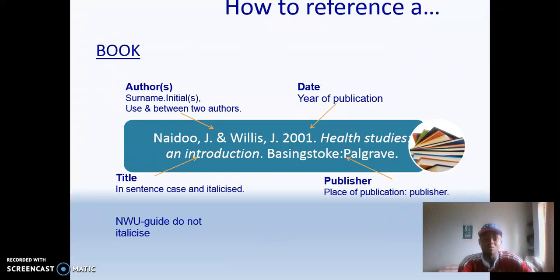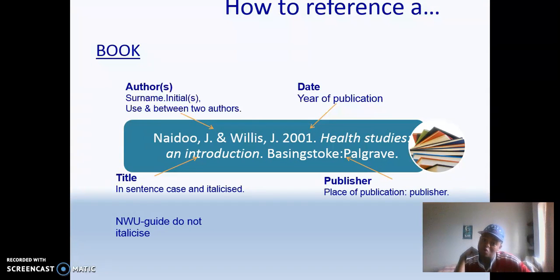And how to reference a book, which is very important, like a textbook which you use every day. You first of all start with the author, his surname, initials. Sometimes it may be two authors, like in this case here. So you start with the author, and then you go on to the date of publication. When was that particular book you are using published?